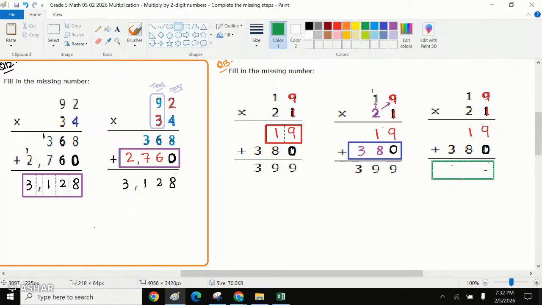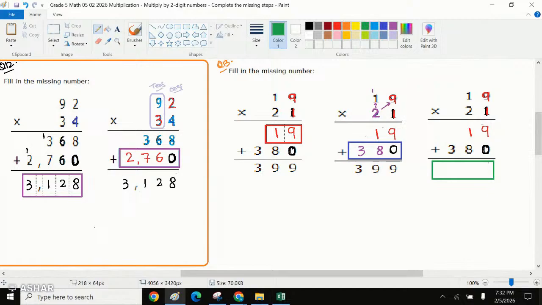In these kinds of questions, when you're multiplying 2 digits numbers, there are only 3 possibilities for you. Maybe the multiplication of units is missing, maybe the multiplication of tens is missing, or maybe the total sum is missing, right?